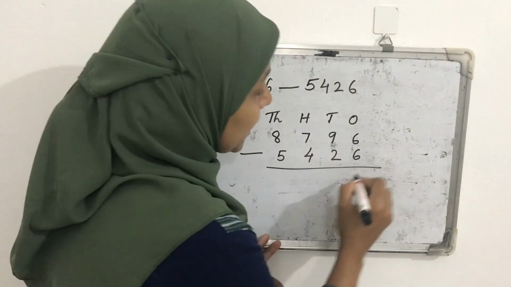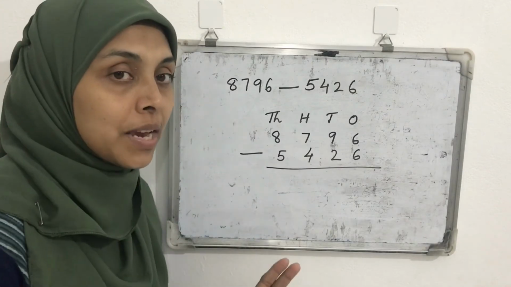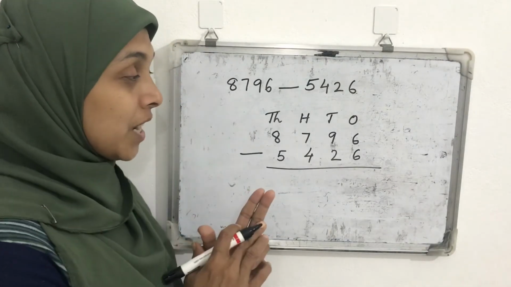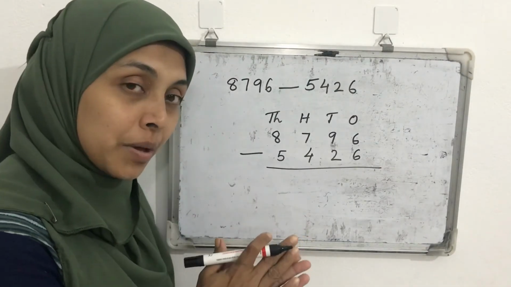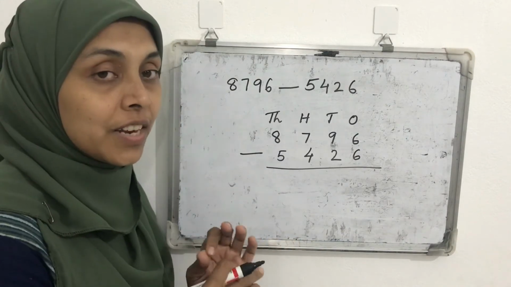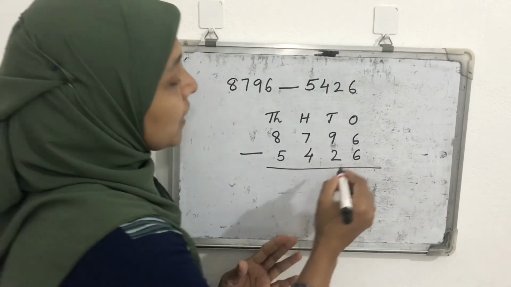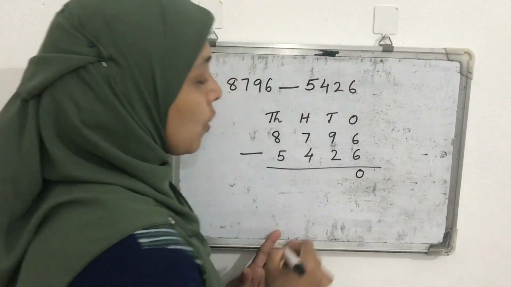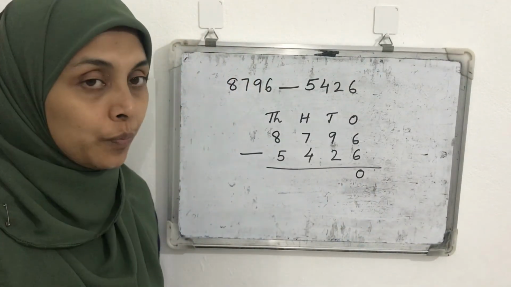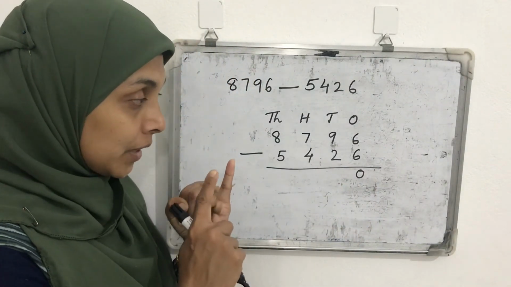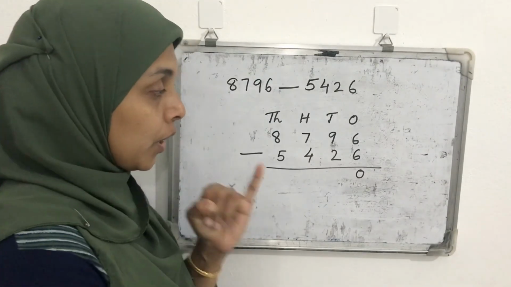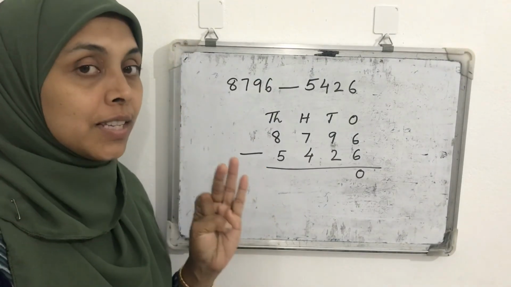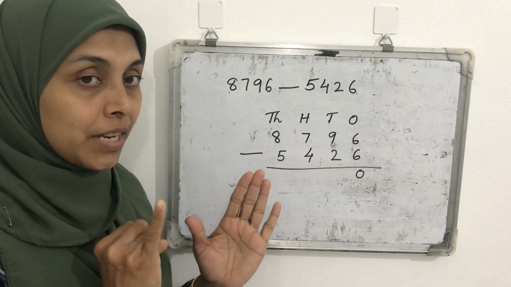Now we subtract. First 6 minus 6. When we subtract a number from the same number, we get the difference as 0. So 6 minus 6 is 0. 9 minus 2: starting from 3, we count 3, 4, 5, 6, 7, 8, 9.